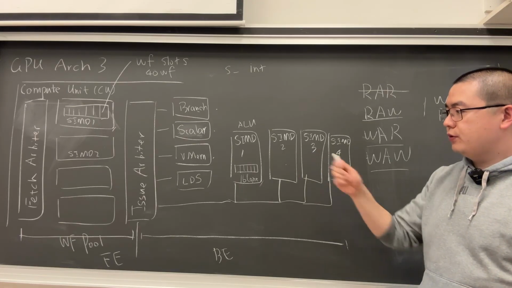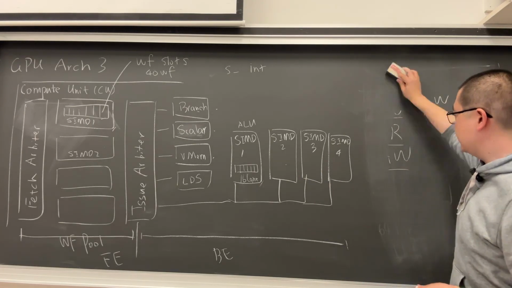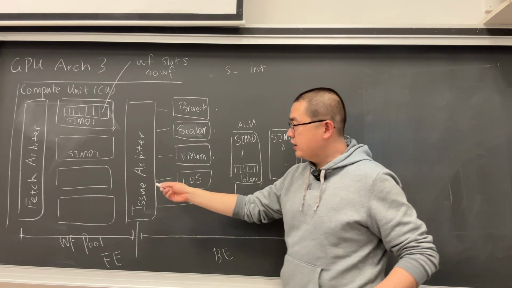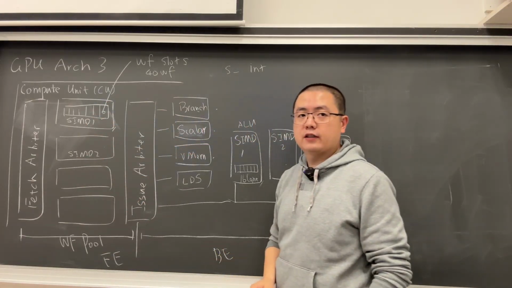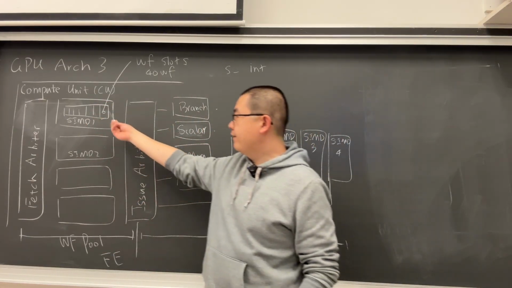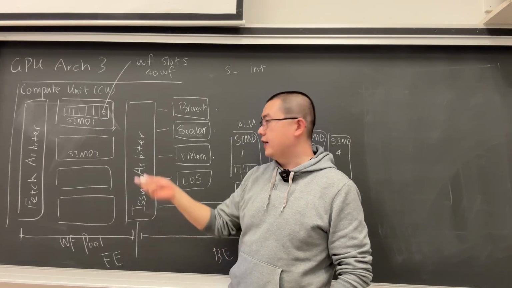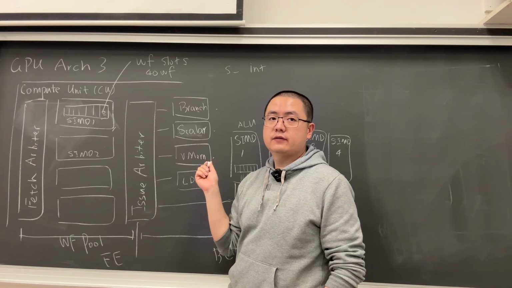So how the GPU issue arbiter handles this problem is basically in this way. The issue arbiter will check the status of each wavefront, okay? If this wavefront already has 1 instruction that is currently in the pipeline, we cannot issue from there.